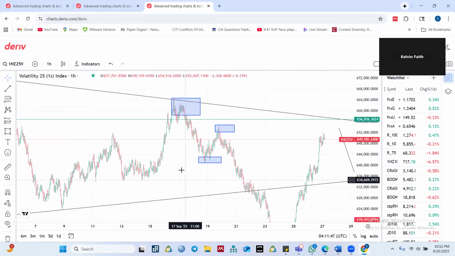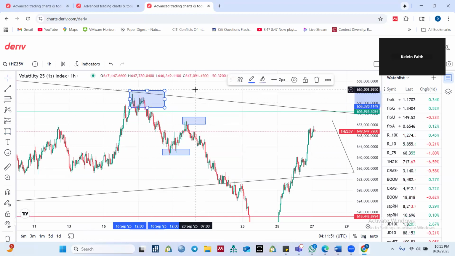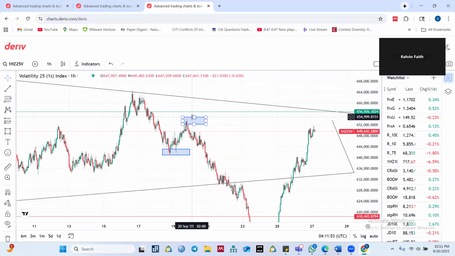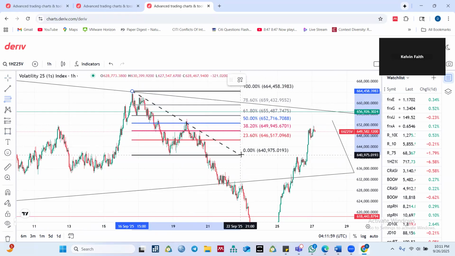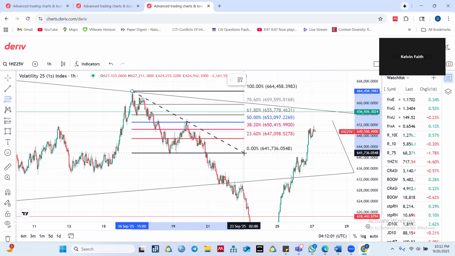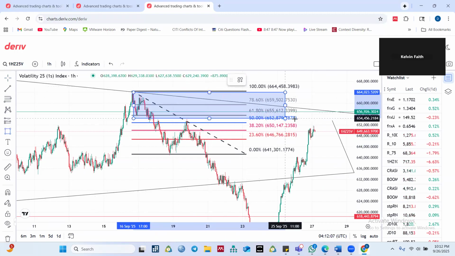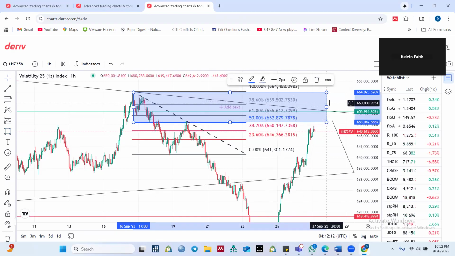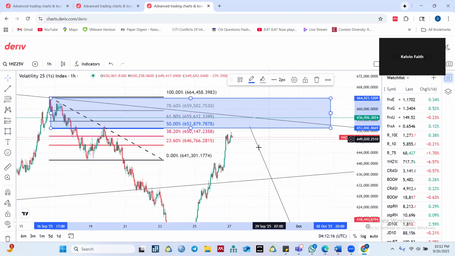Okay. So let's see the first pullback that price gave us. Let's see the characteristics with it. We get a low here and price pulls back to equilibrium. But normally we would expect price to pull back into 61.8% or 78.6% in order to sell premium.